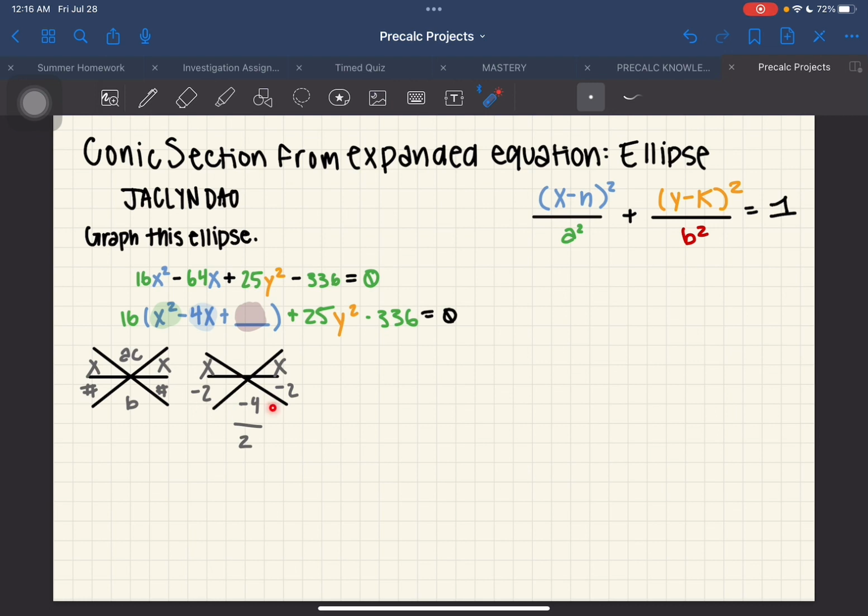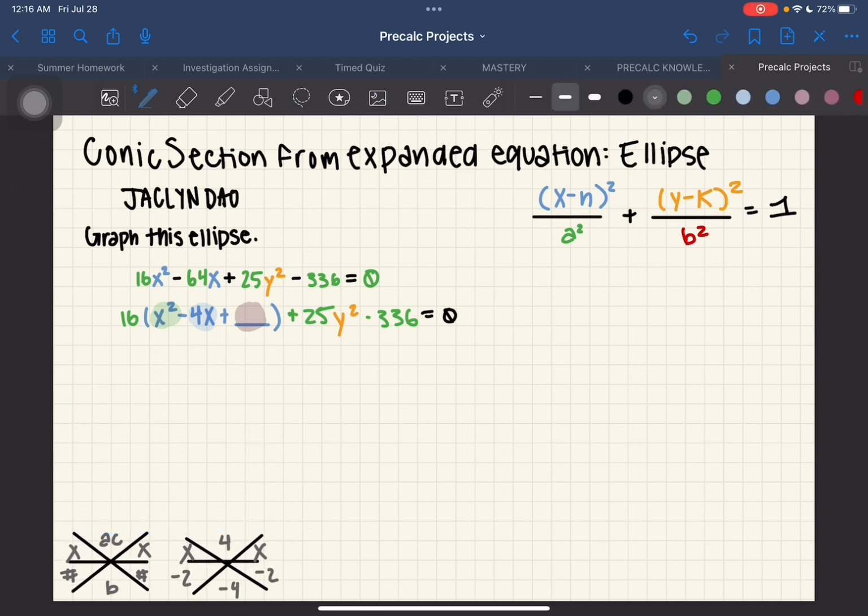Negative 2 multiplied by negative 2 is positive 4. So we got 4 as the C, because 1 times C is equal to 4, since any number multiplied by 1 is that number. Now we've completed the square.